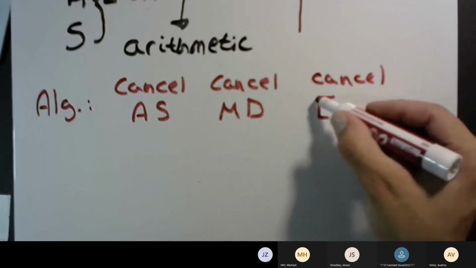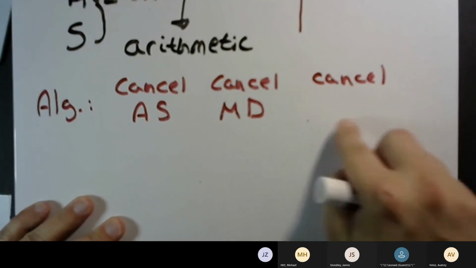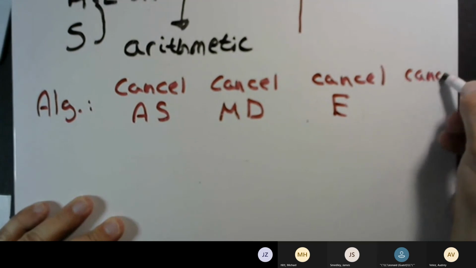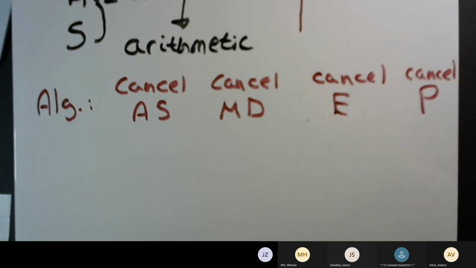I'll put this in parentheses. We didn't cancel exponents. And then what's inside the parentheses, if there's anything left, we'll cancel those. So in algebra, we go through PEMDAS backwards.